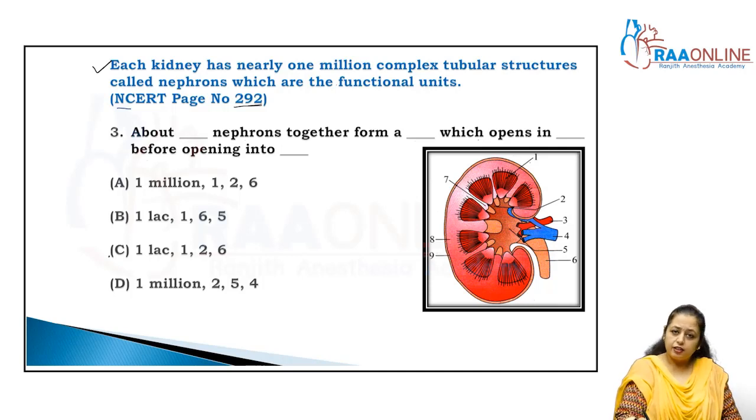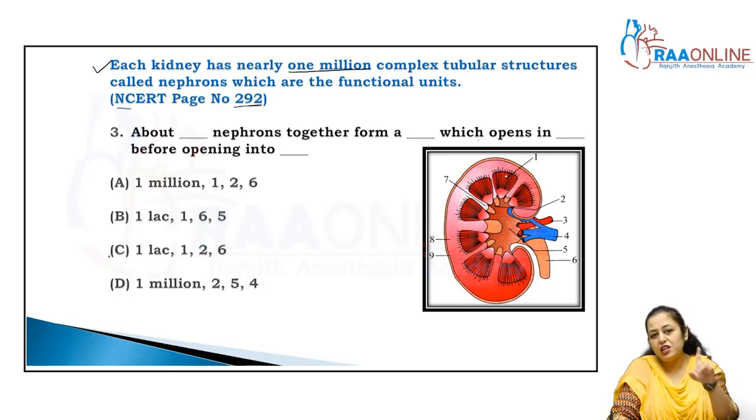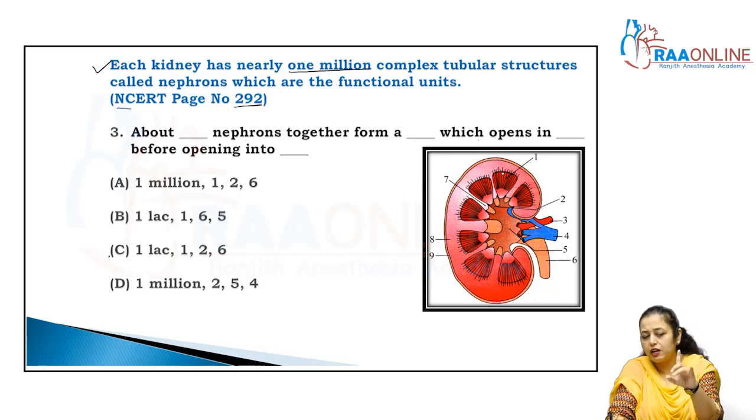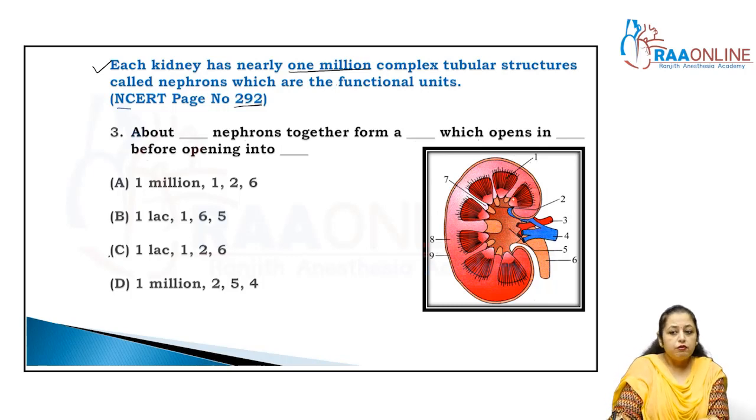Now see here, that is the difference. About dash nephrons together to form: each kidney has approximately 1 million complex tubules, and in that question they marked just one pyramid, that is one medullary pyramid. In each kidney we have 10 to 12 pyramids.